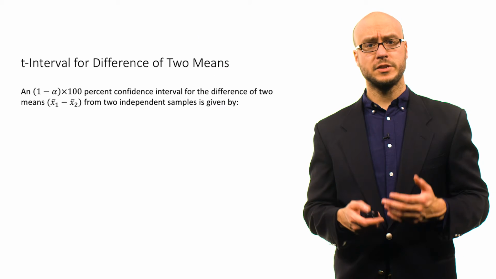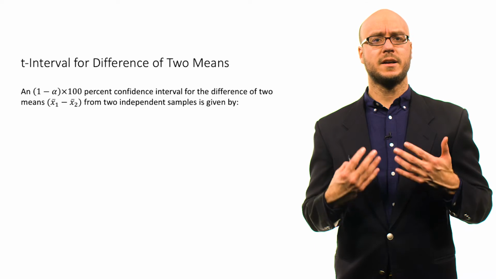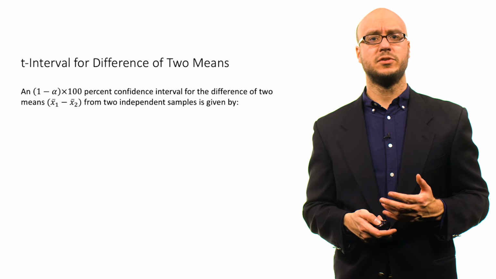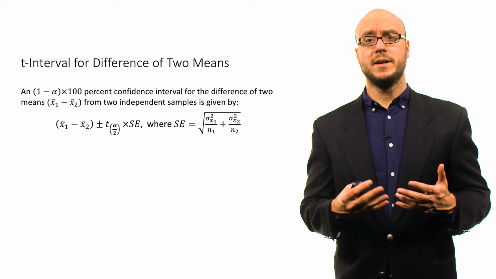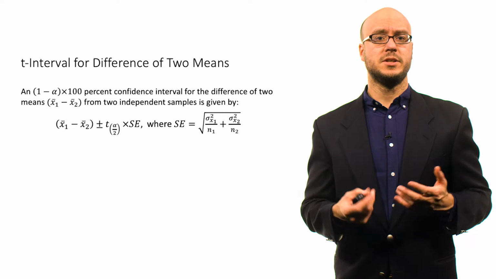So in this example, we will focus on making inferences using the t-distribution because it works for both small and large samples, unlike the standard normal distribution. So a confidence interval for the difference of two means from two independent samples is given by this equation here.